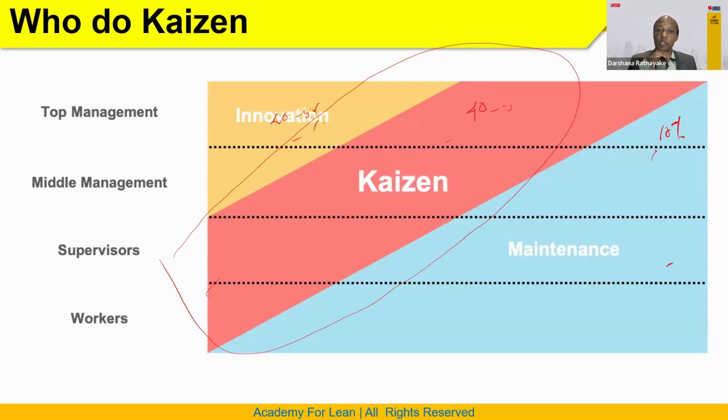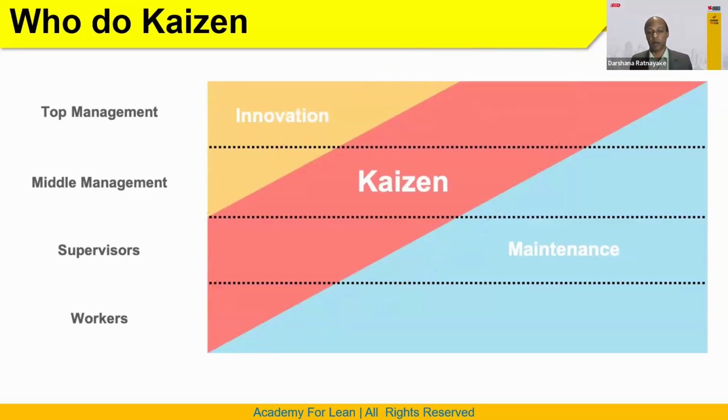Kaizen means small improvement. Innovation is a big improvement. So everyone needs to do small improvement. At the same time, middle and top management need to do the big Kaizen, or innovation. That is what this chart means.